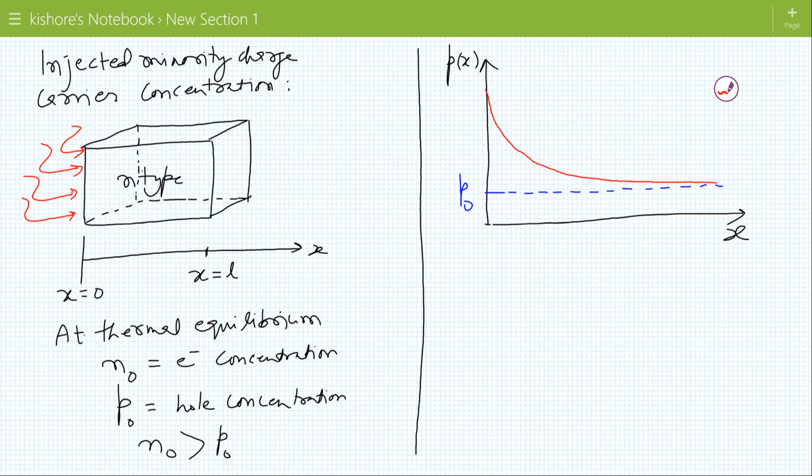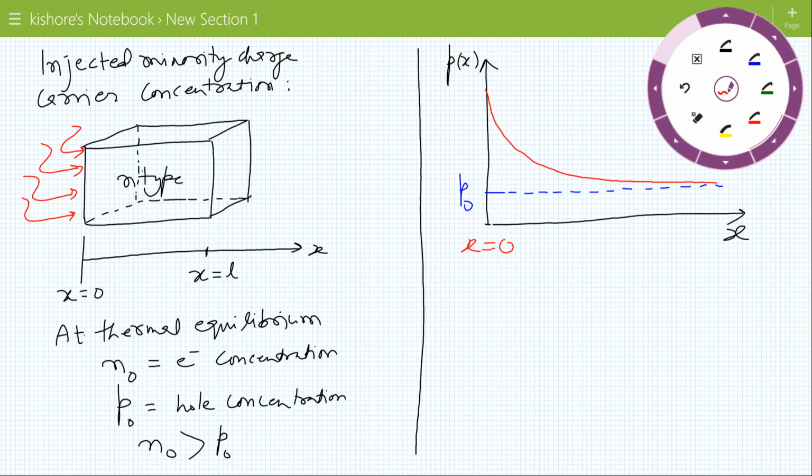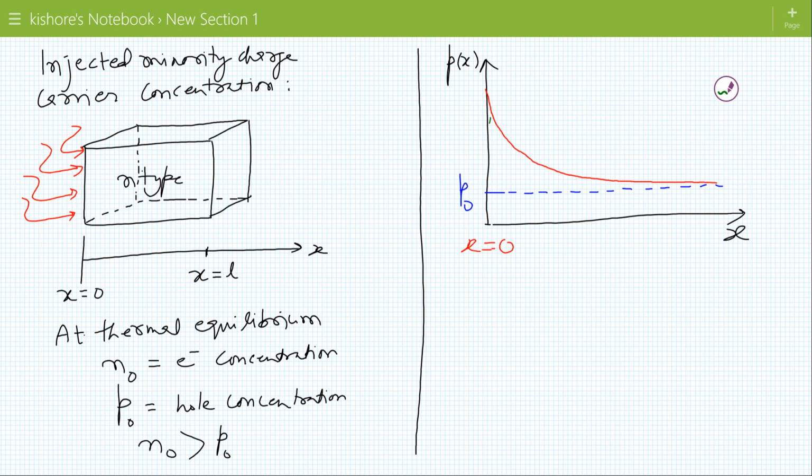As we are moving away from x0, the concentration of holes or minority charge carriers decreases exponentially, and this part of concentration is the excess minority charge carrier concentration.